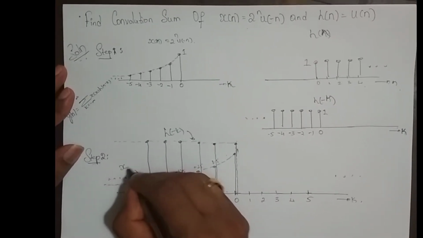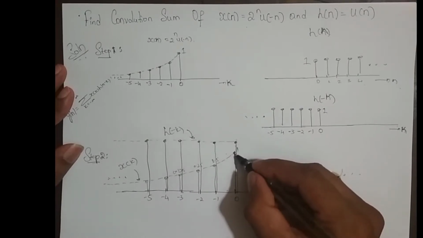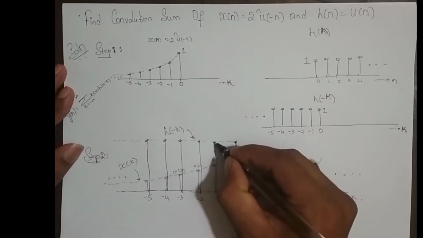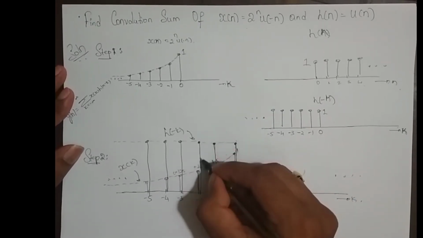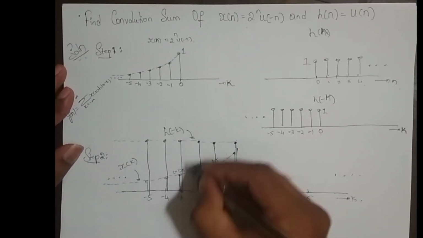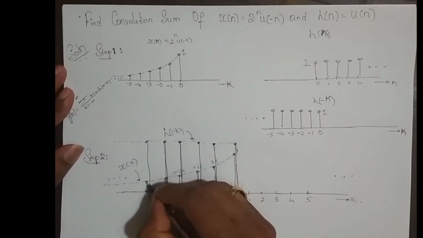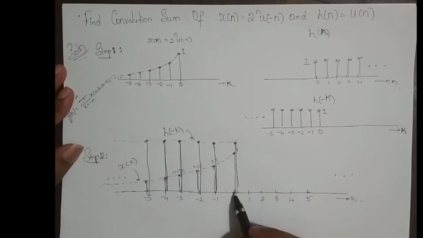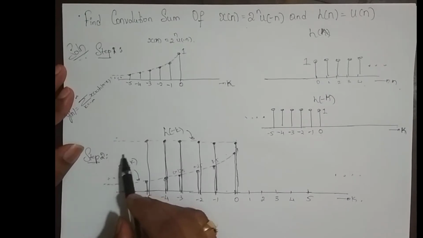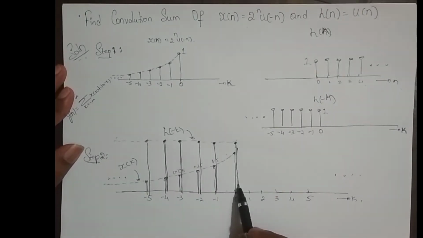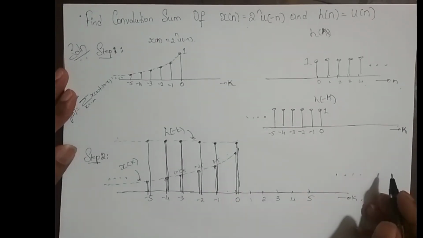I did not overlap the samples because if I overlap them, it might be confusing for you. You cannot see what's happening. So I just wrote the samples just after the first sequence, which is x of k. Okay, so this is x of k, which is nothing but 2 power n u of minus n, and this is h of minus k, which is nothing but u of minus n. Okay, you got it, fine.